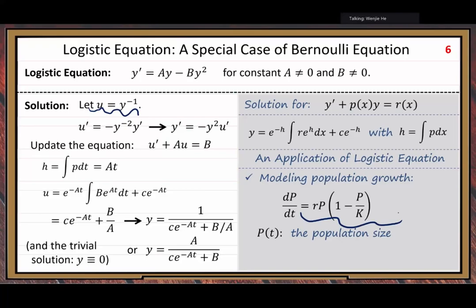For the interest rate formula, you do not need to check, because you know it is correct. Here we need to use the real world data to tell us if it fits well or not. For interest rate, everyone knows that formula is correct. So that's different. You can see the situation is different.